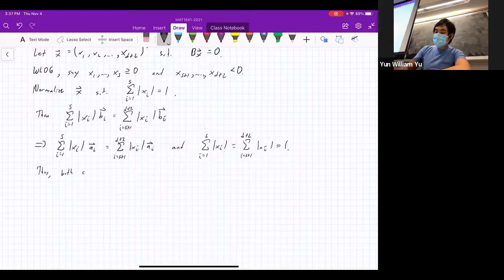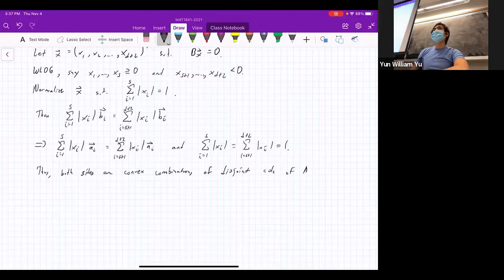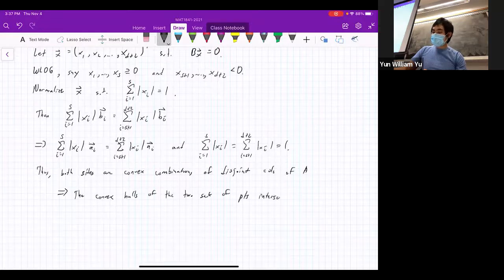So both sides are convex combinations of disjoint columns of A. But if both sides are equal, convex combinations of disjoint sets, this implies that the convex hulls of the two sets of corresponding points intersect.